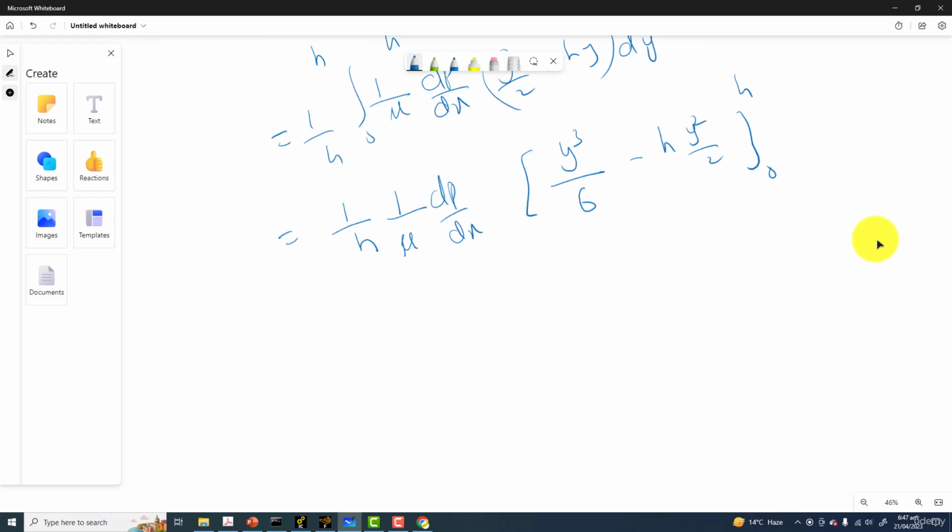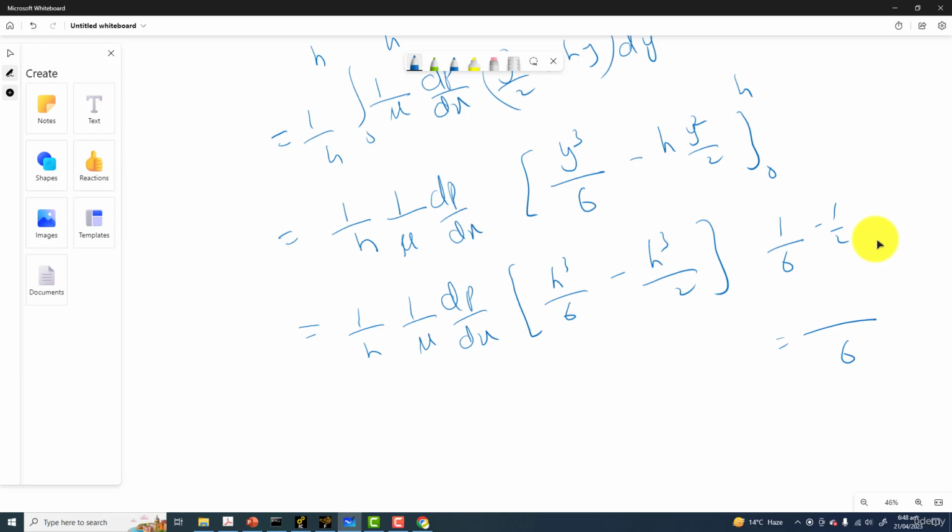So we have 1 upon h, 1 upon mu dp by dx. So this is equal to y cube upon 6 minus, so y cube will be h cube upon 6 and this is also h cube upon 2. So 1 upon 6 minus 1 upon 2.